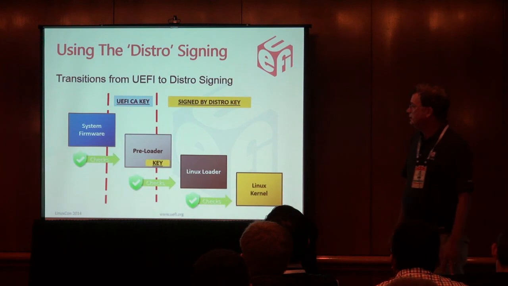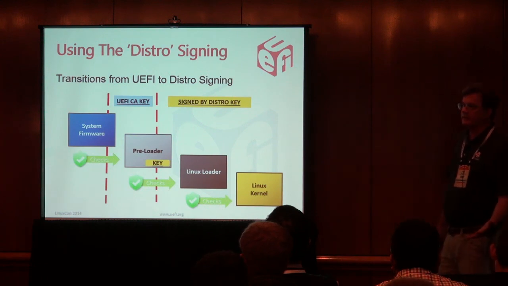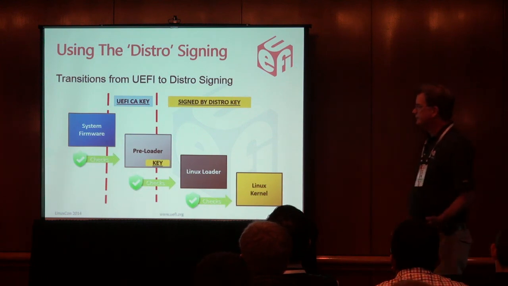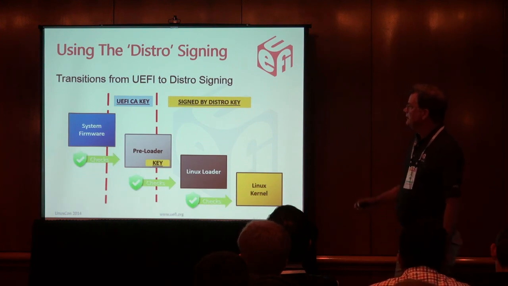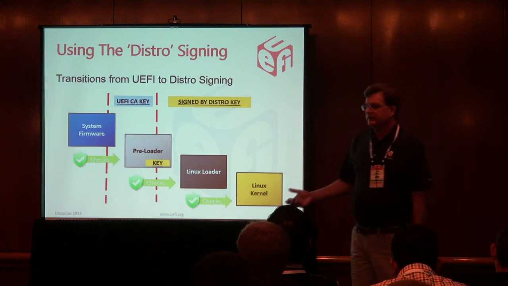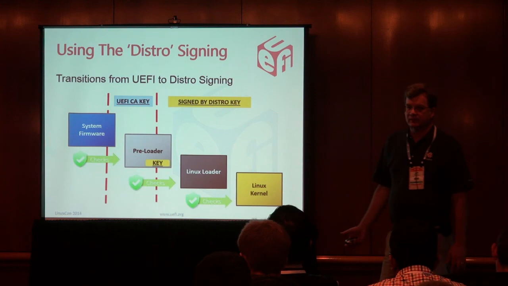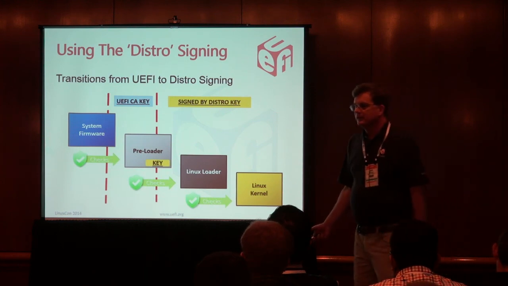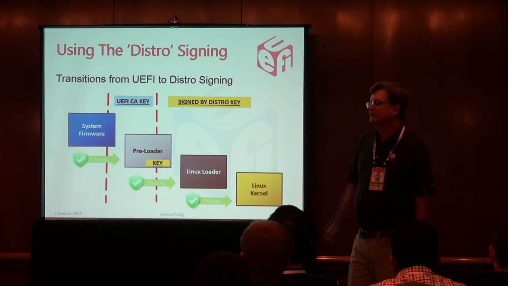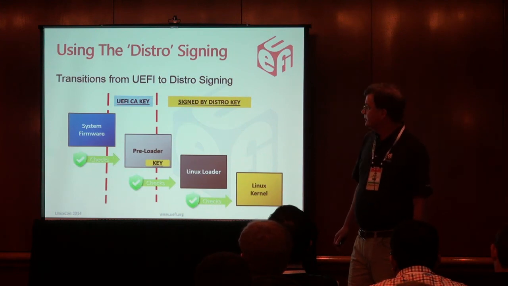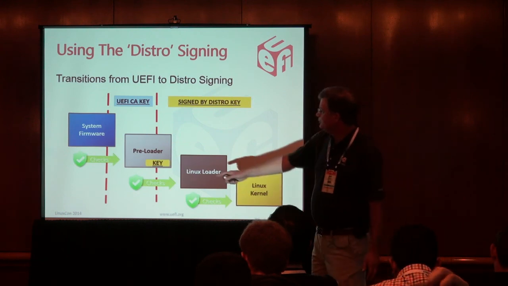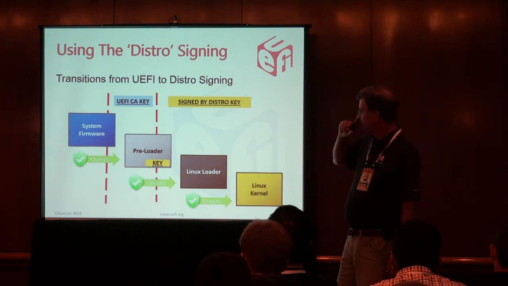So if we take the most common example, simplified, doing a secure boot with a standard Linux distribution, Red Hat, SUSE, Fedora, and Ubuntu, we're going to go through two phases. Three phases really.